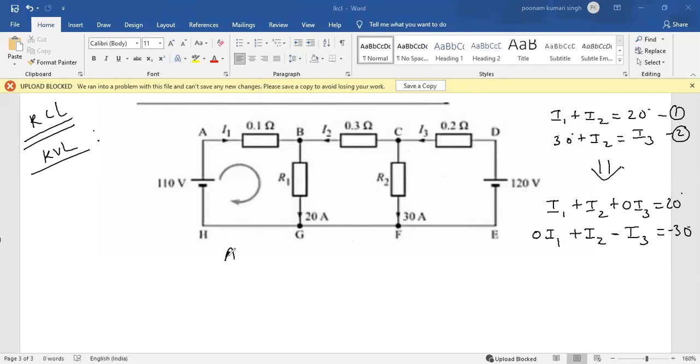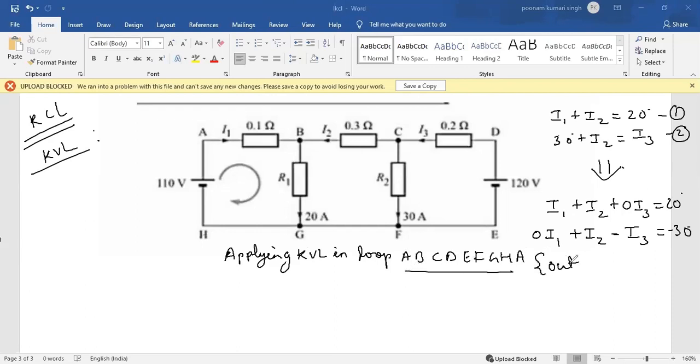So, students, always make it a habit to apply KVL in loop A, B, C, D, E, F, G, H, A, that means the outermost loop. For that, the same thing needs to be done here also: minus, plus, current going like this.